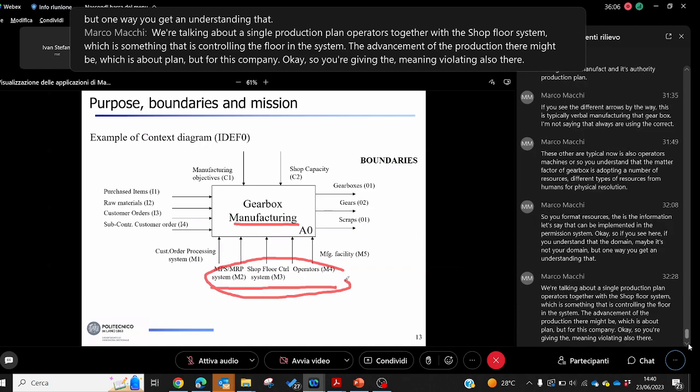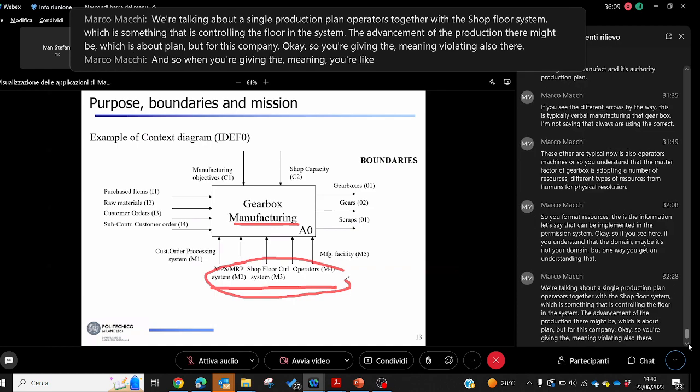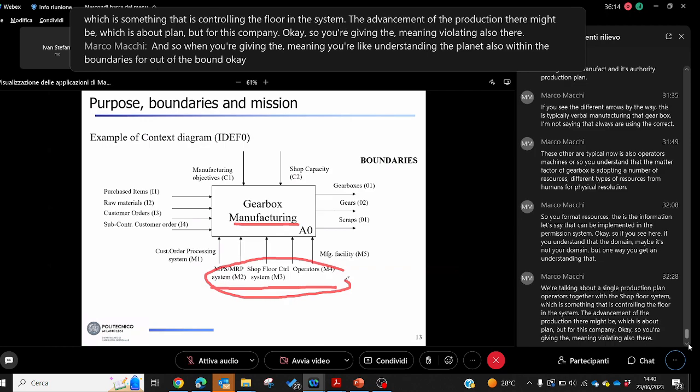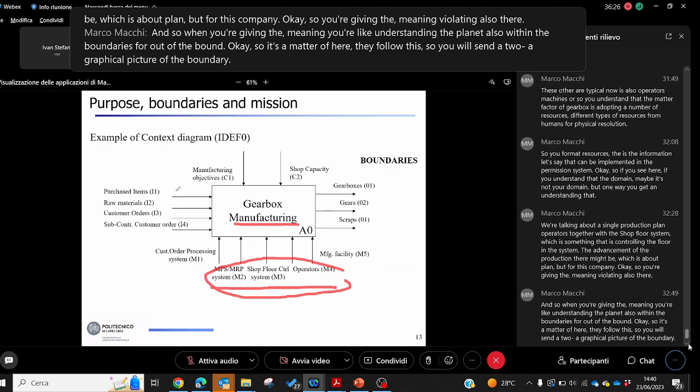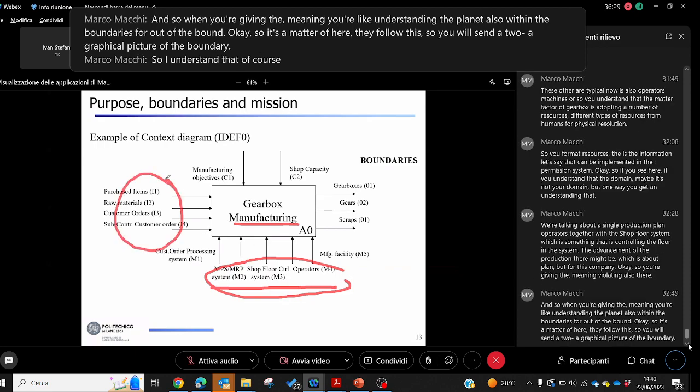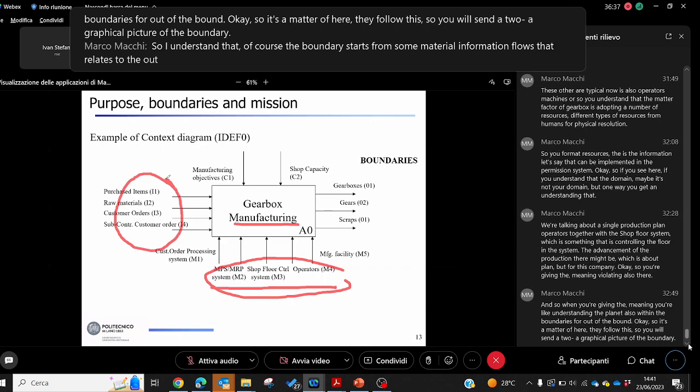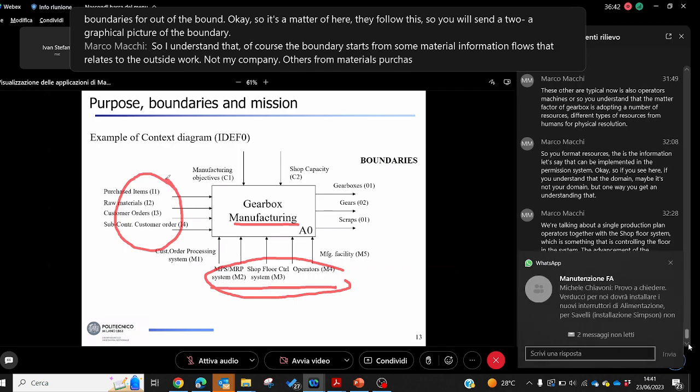And when you're giving the meaning, you're understanding the variables within the boundaries or out of the boundaries. Okay? So it's a matter of boundary in the future. Here, can you follow this? So you use a method to have a graphical picture of the boundary. The boundary starts from some material or information flows that relate to the outside world: raw materials, purchased items, orders, and so on.